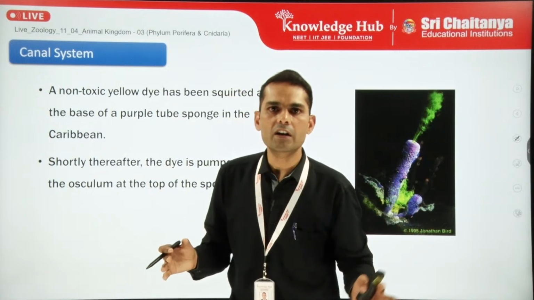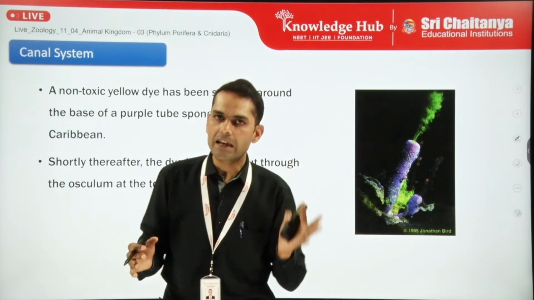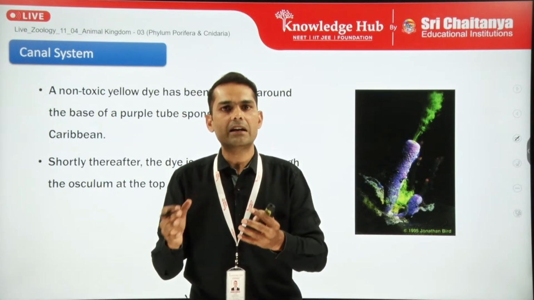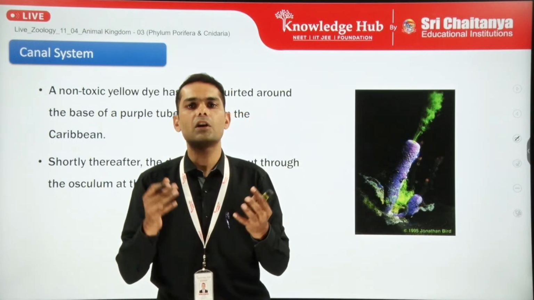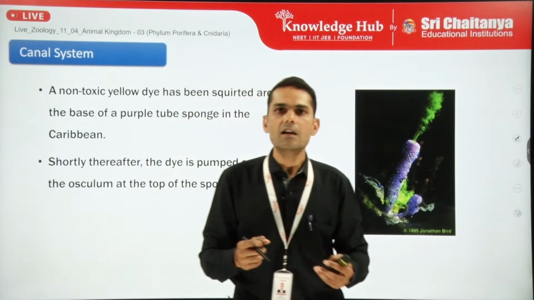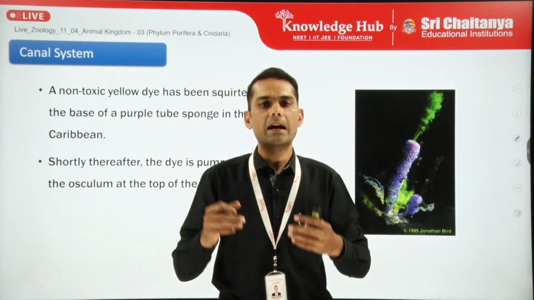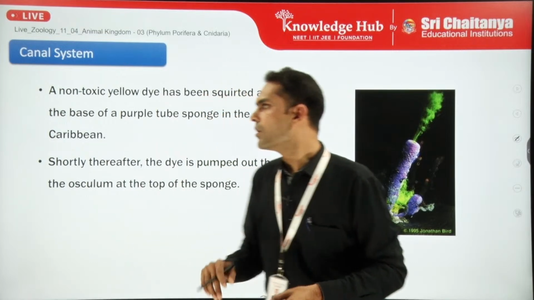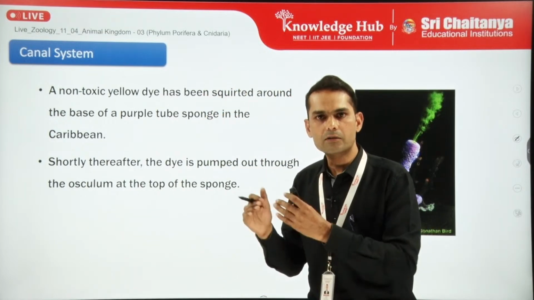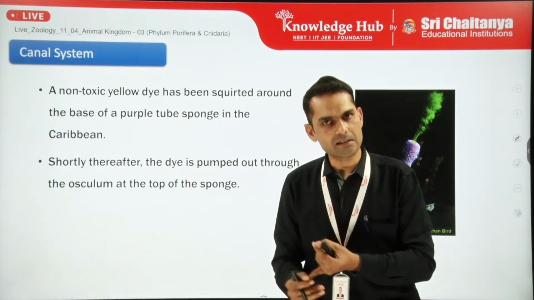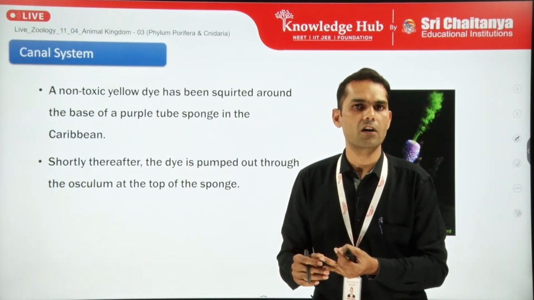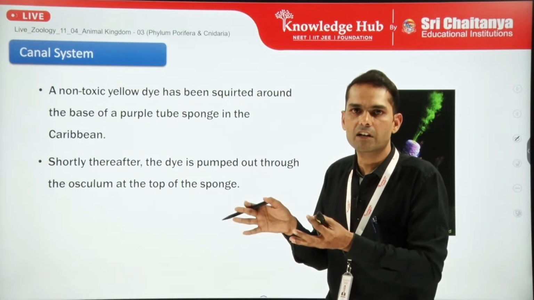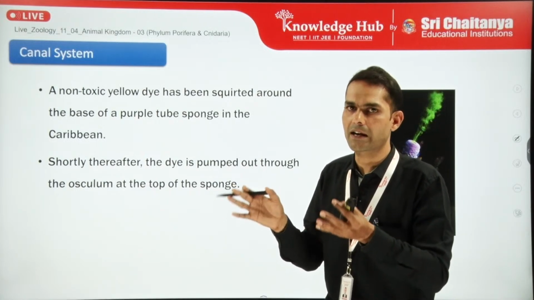By moving the water inside the body or inside the cavity, through the water comes the food, and when the food particle comes into contact with the choanocytes, they ingest it, they phagocytose it, and in this way digestion occurs, right? The water canal system also helps in respiration, that is gas exchange, and also in the transportation of waste material. Fine. So these are the benefits or advantages of the functions of the water canal system.